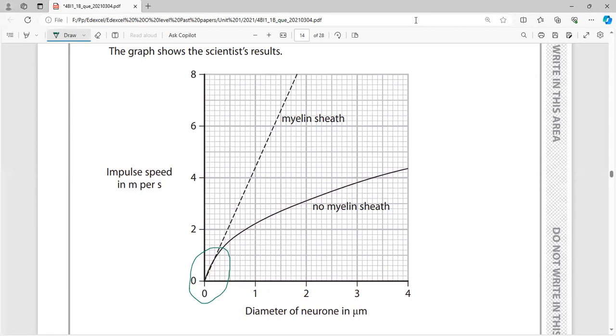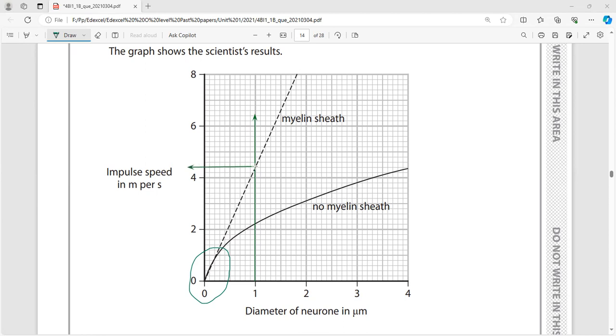Then, where it intersects with the myelin sheath line, you need to continue from there. That intersection point will be your answer.